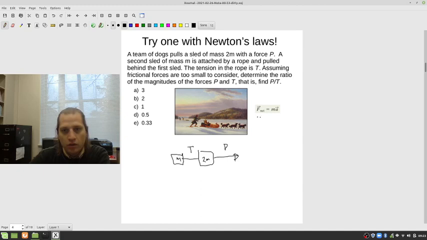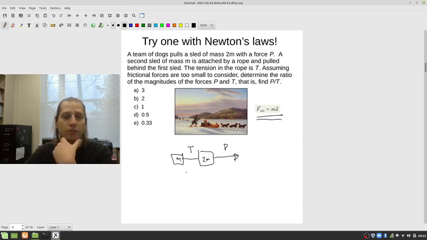Okay, so as I've indicated here, this is going to be an F equals ma type of problem, but let's try to think, how are we going to set this up? Well, we've got two objects. Each of them has to follow Newton's second law, F equals ma. So let's go ahead and draw the forces on them.